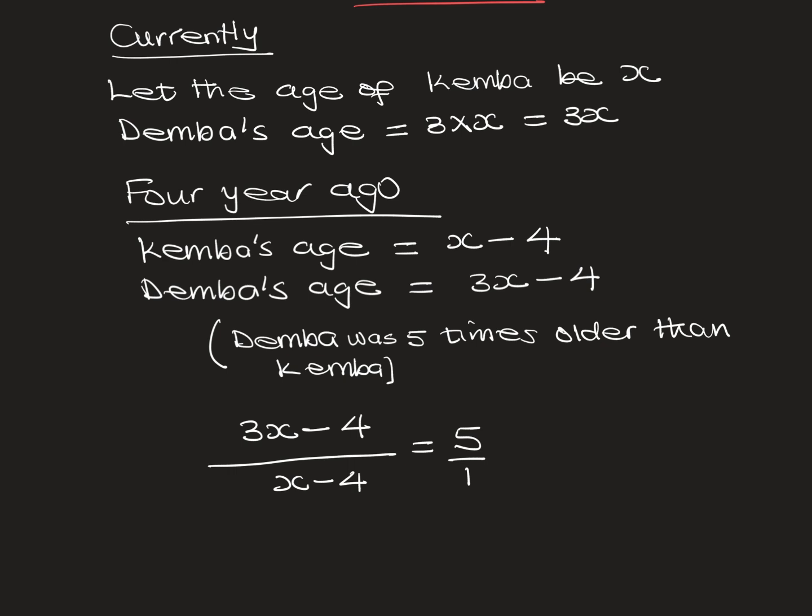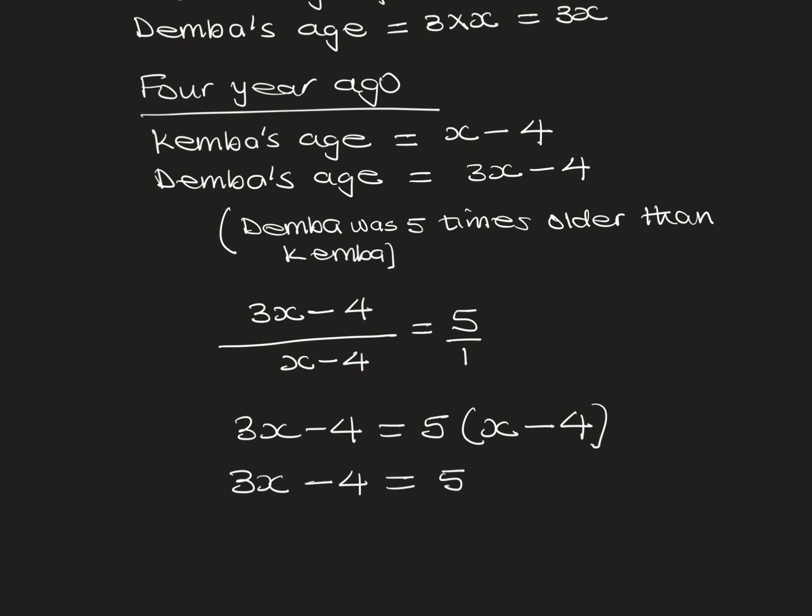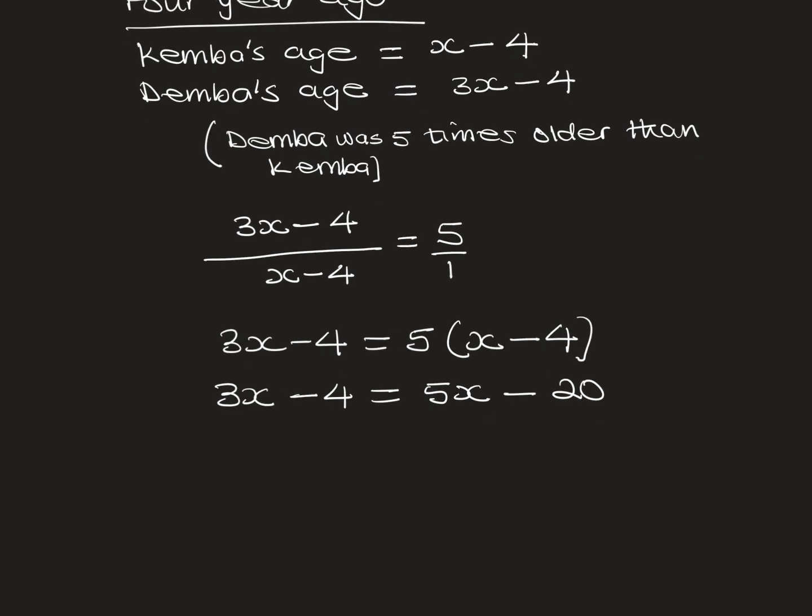So that is the common sense there. So if we move on solving the problem, what will that be? We're going to have 3x minus 4 is equal to 5 into x minus 4. 3 times x is 3x minus 4 is equal to 5 times x is 5x minus 5 times 4 is 20.